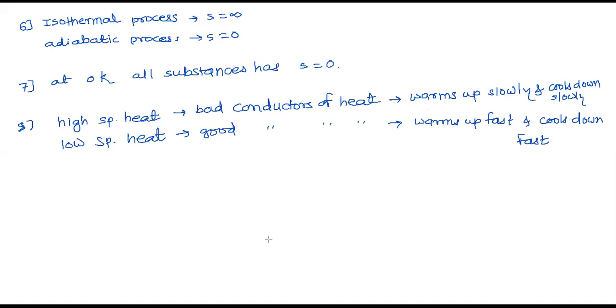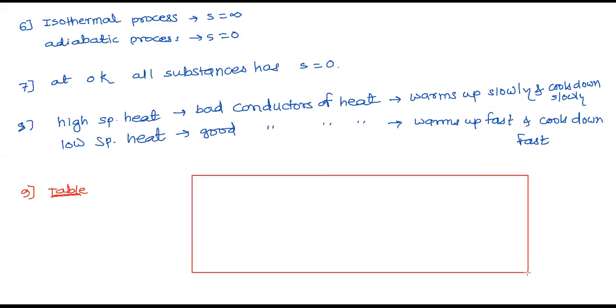Next one, I am giving you one table. You can say this is point number 9, very very important. So you can see this table. This will be useful for you. So I am making one table for you here. You make four columns.